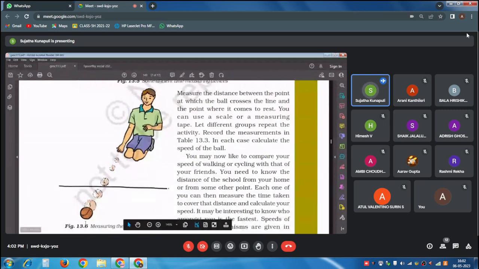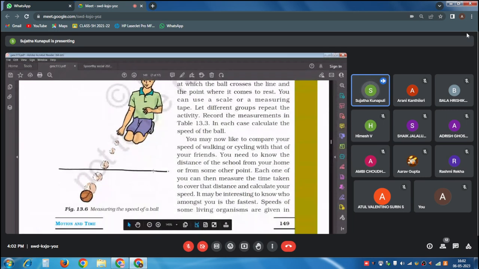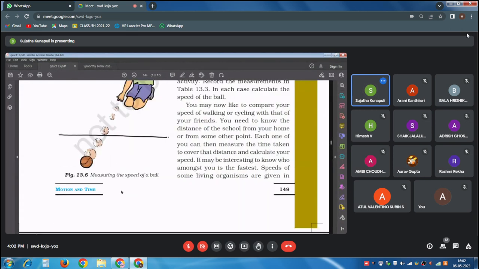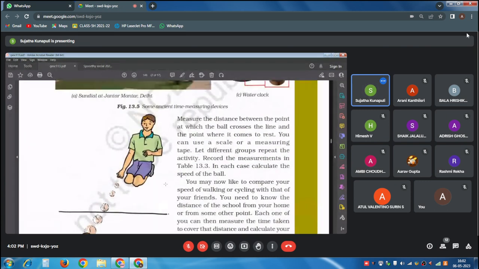So this is the experiment. He is asking us to draw a line and from here to throw the ball. Measure the distance between the point at which the ball crosses the line and the point where it comes to rest. You can use a scale or a measuring tape.